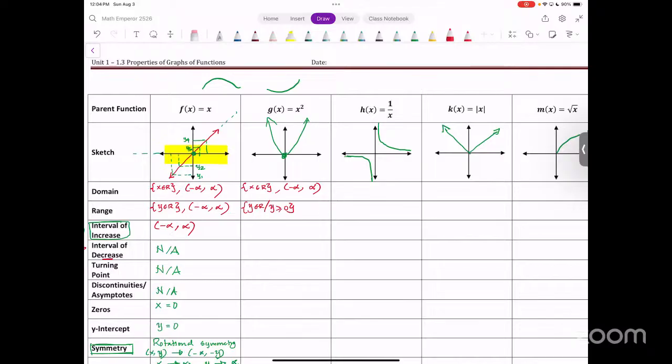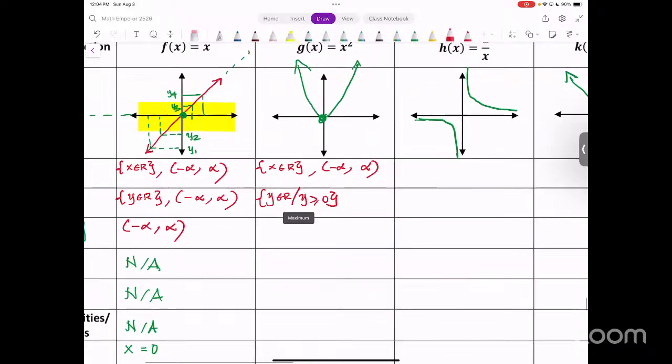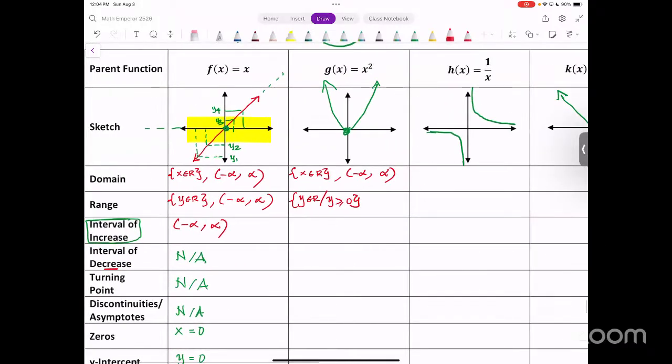How would you say that in interval notation? Square bracket, positive infinity... Square bracket, 0, comma, positive infinity, round bracket.